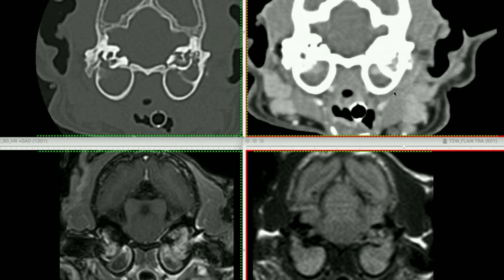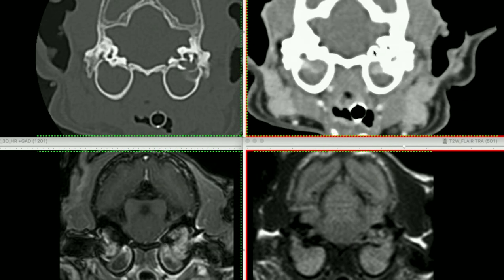However, it's worth noting that we don't see any of the meningeal changes that we see very nicely on the MRI, and we can't visualise the abnormal enhancement of the inner ear structures. So whilst the CT allows us to diagnose otitis media, in this particular case it doesn't show the otitis interna or the intracranial extension of disease.